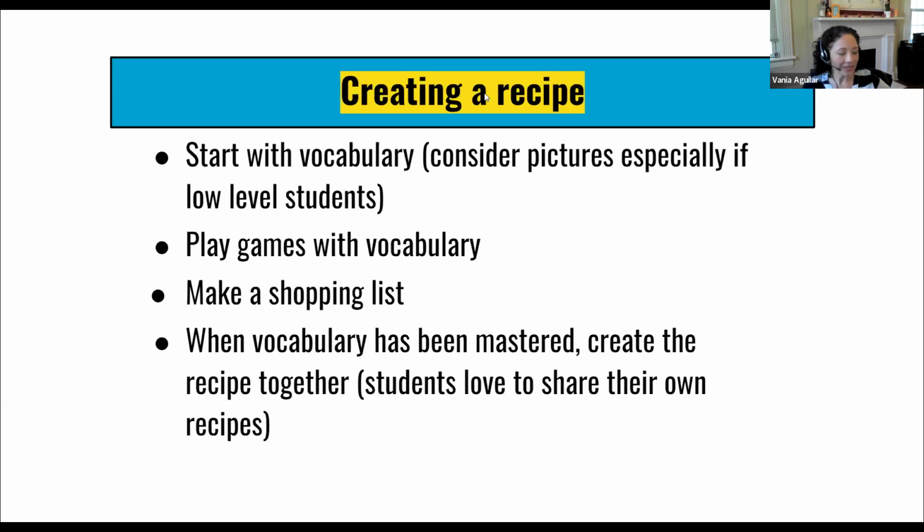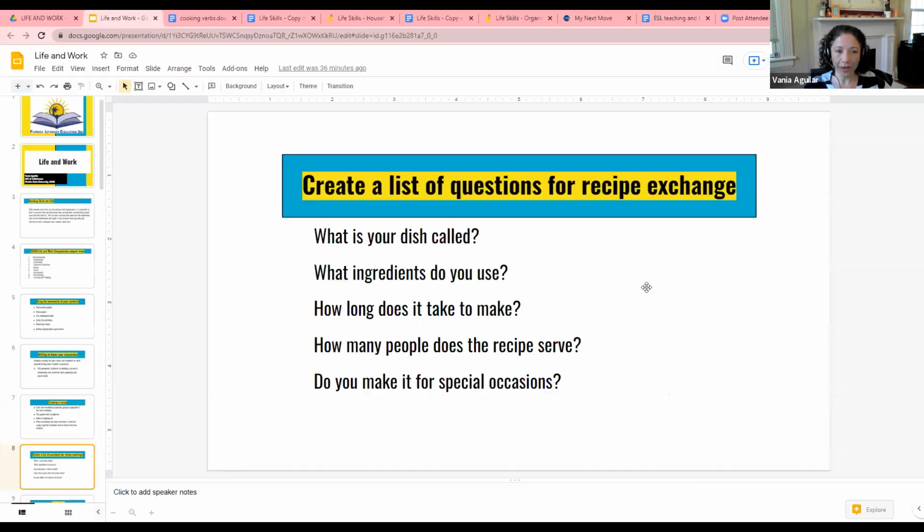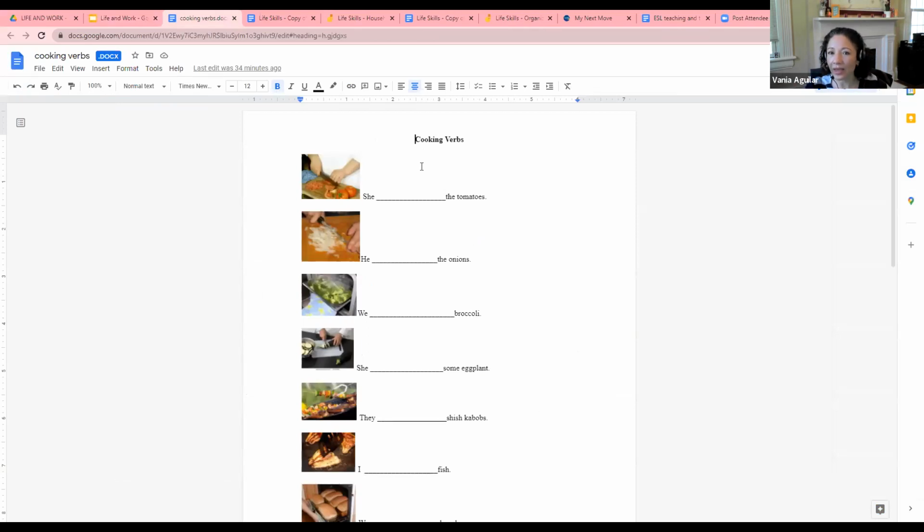It has been great. I know that this is not exactly how you would start with lower beginner students, but you can start by showing them cooking verbs. By the way, at the very end, you will have a link to all of these Google Sheets and Google Docs that I have created.